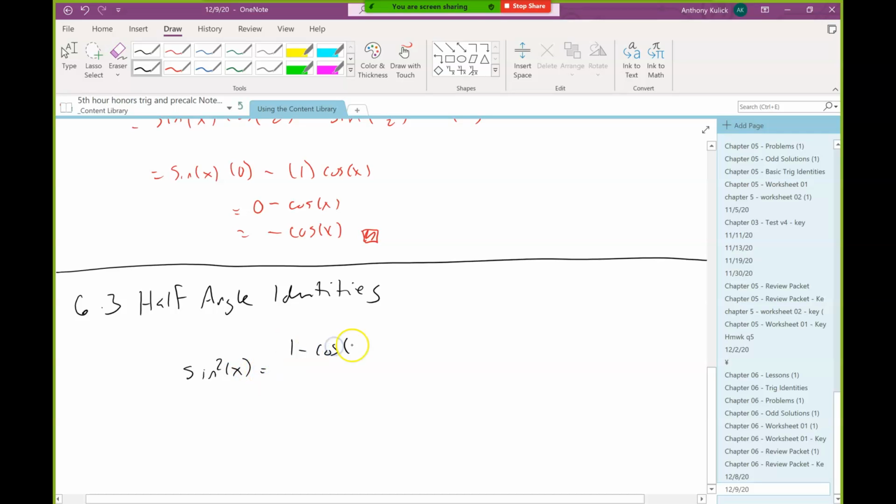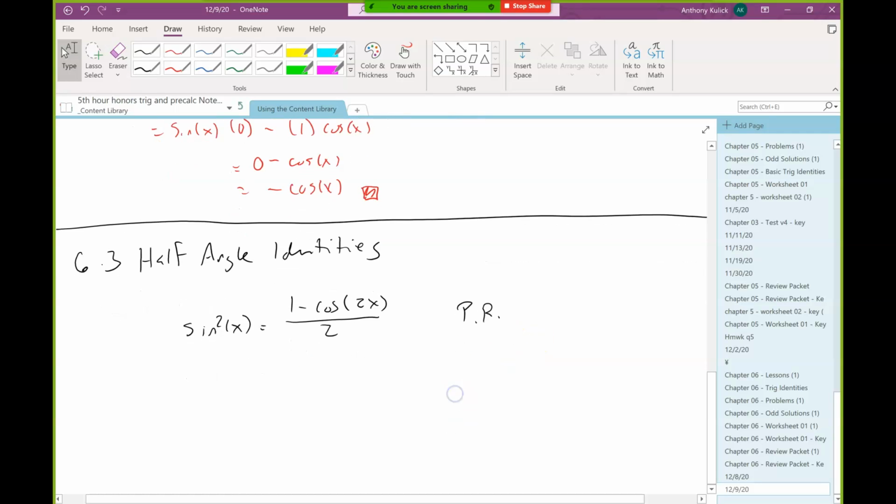So the trick here, to do the derivation quickly, is to start with your power-reducing identity. And then we're going to make a substitution. So I'm going to say let x equal u over 2.